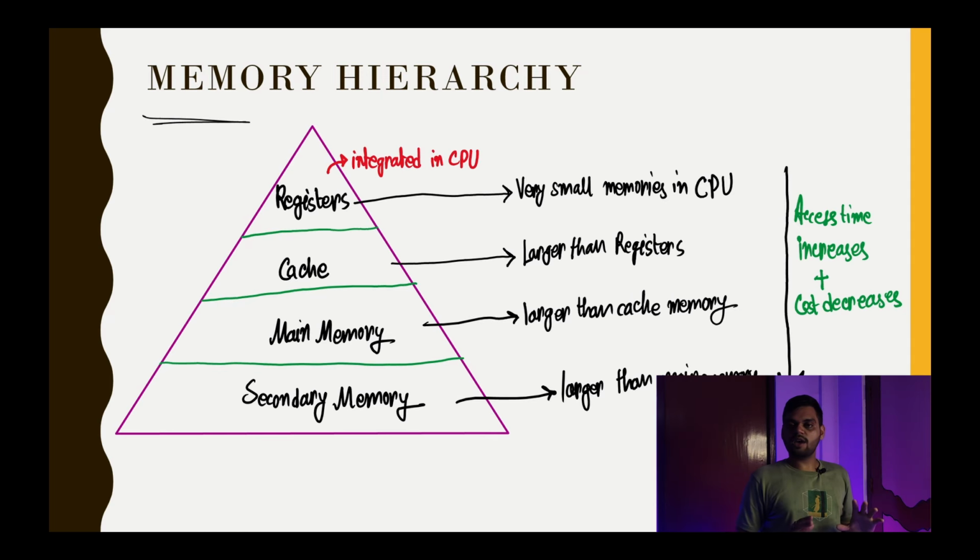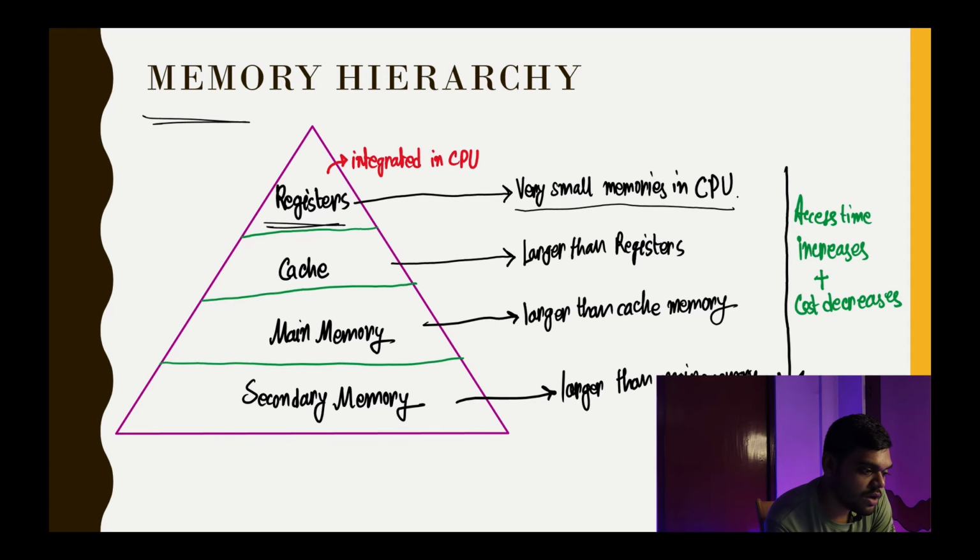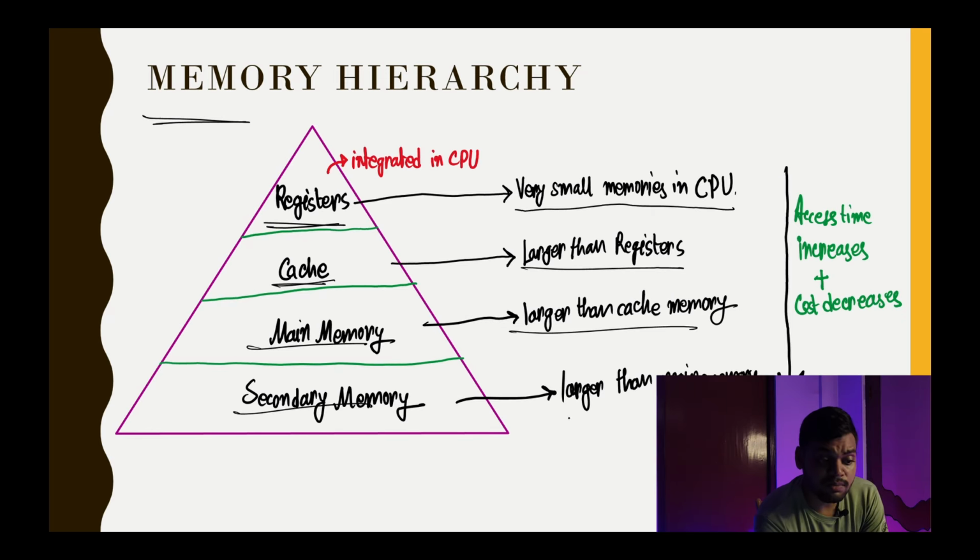So this is the memory hierarchy. There are registers, which are very small memories inside the CPU. After that, we have cache memory, that is larger than registers but smaller than main memory. And after that, we have main memory, that is larger than cache memory. After that, we have secondary memory, which is larger than main memory.